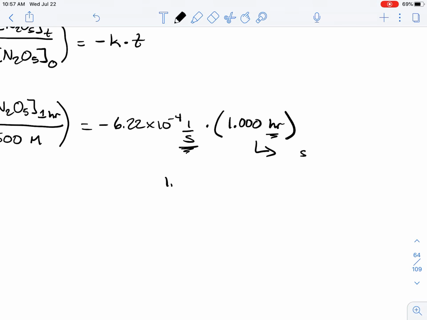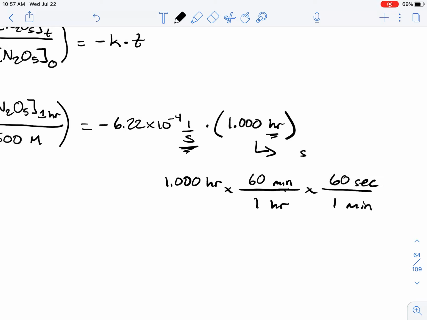And so for every 1.000 hour, let's see here, so for every 1 hour, that's equal to 60 minutes. For every 1 minute, that's going to give me 60 seconds. So notice that all of the units cancel except for seconds.